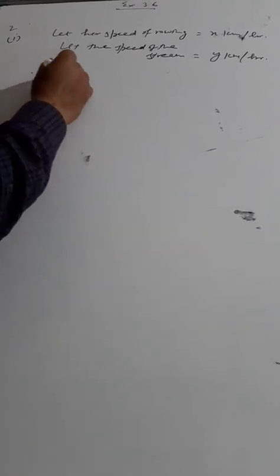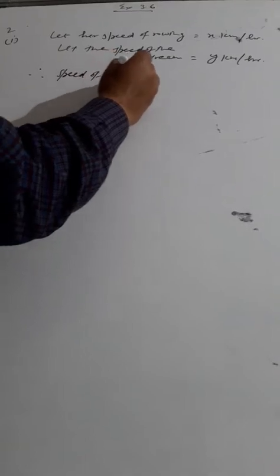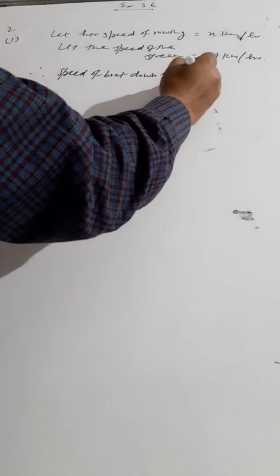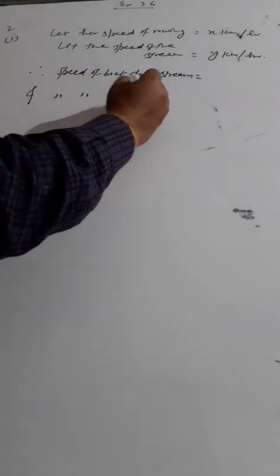First I have cleared to you, second I have cleared: whatever you have to find, you have to assume. Third step: as soon as you have assumed, immediately write the speed of the boat downstream and the speed of the boat upstream.